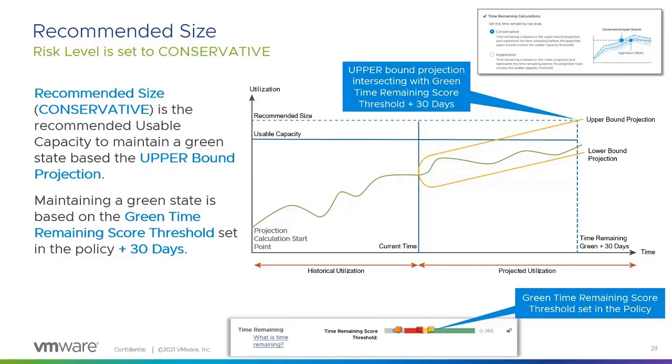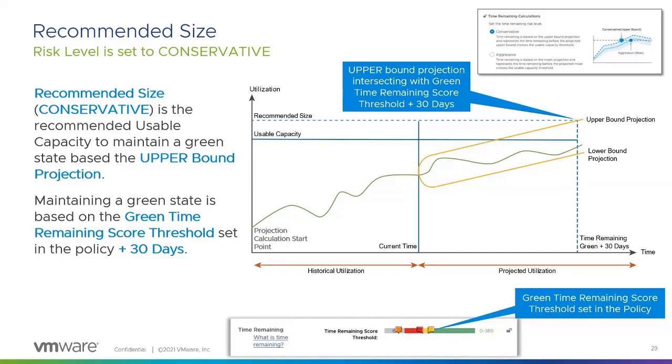The important part when looking at the recommended size, whether it's for a cluster or a virtual machine, is basically the system takes the projection. So this is conservative. We're looking at the upper bound projection, and then it projects that out into the future. It uses that time remaining score threshold and adds 30 days to it.